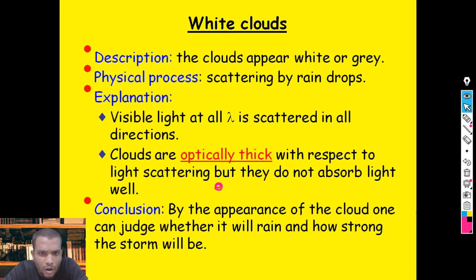Clouds are optically thick with respect to light scattered, but they do not absorb light because all light gets scattered. Due to this, by the appearance of a cloud, one can judge whether it will rain and how strong the storm will be. Sometimes we can observe the clouds are dark.